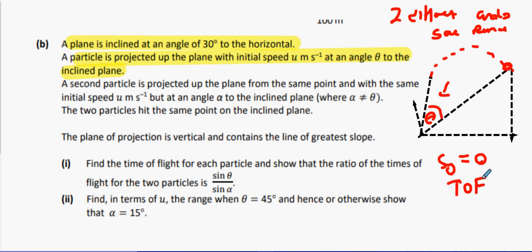Then do one time of flight divided by the other, and what you're hoping is it turns into sine theta over sine alpha. Find in terms of u the range when theta equals 45, and hence or otherwise show that alpha equals 15 degrees. I'd still be trying my initial idea of getting a quadratic and finding two different values of theta.